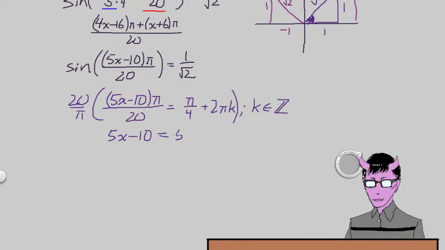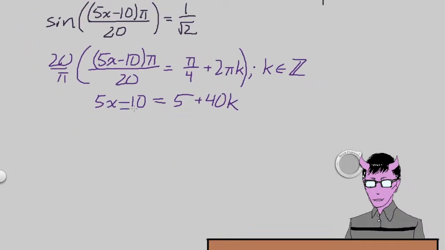And then lastly, pi's cancel, 2 times 20 is 40. 40k for all you Warhammer people. Alright. So plus 10, plus 10. And then divide by 5 from both sides. So we're going to get x is equal to, again, plus 10 to both sides. So that's 15. 15 divided by 5 is 3. And then divide this one by 5 as well. So it's plus 8k. No longer 40k. Sorry.